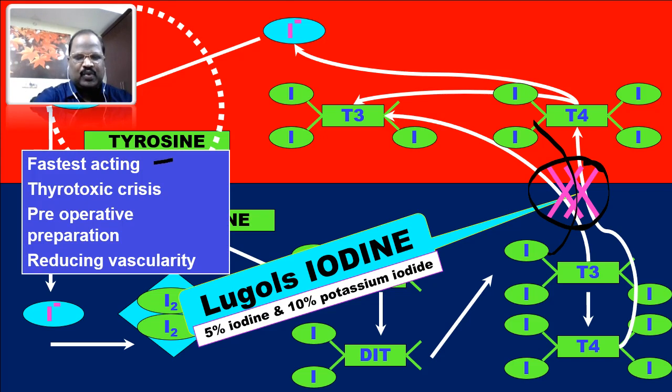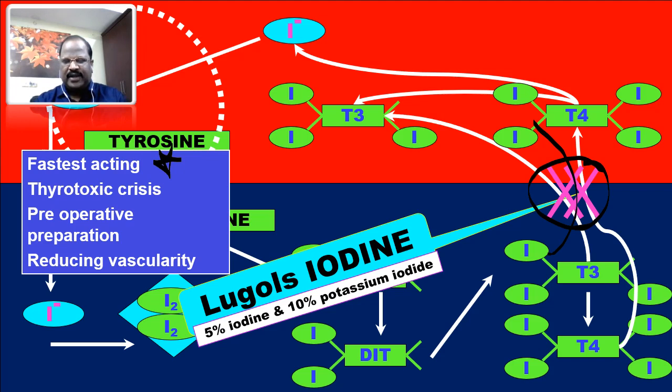This is again an old important question. The fastest acting antithyroid drug is Lugol's iodine. That's why this drug is very useful for immediate control of symptoms of thyrotoxic crisis. Remember, doctor, for treating thyrotoxic crisis and thyroid storm, we have to use a combination of propylthiouracil with Lugol's iodine.